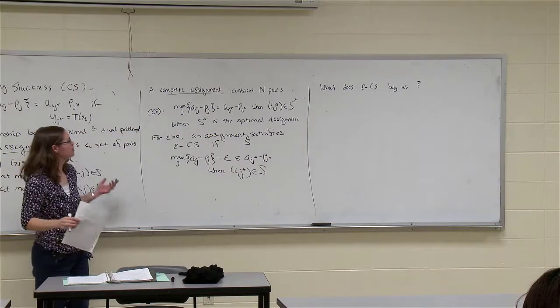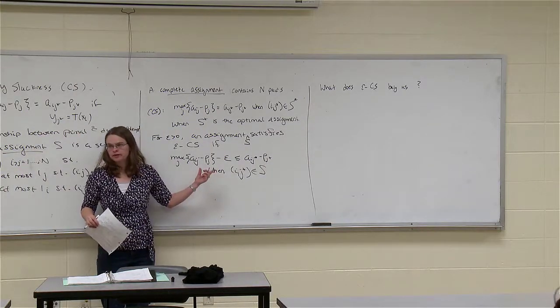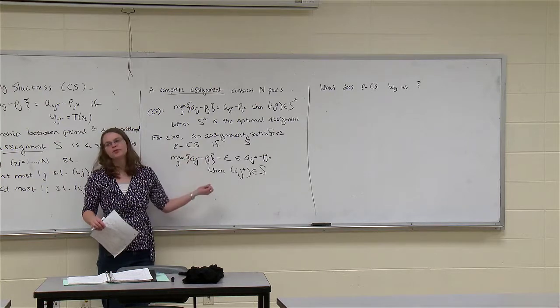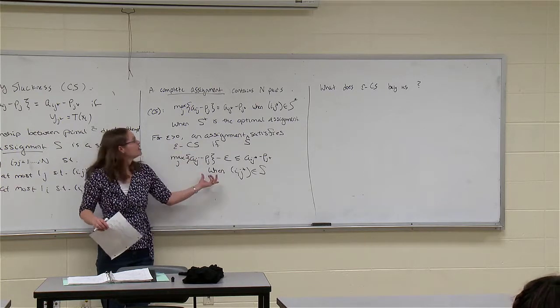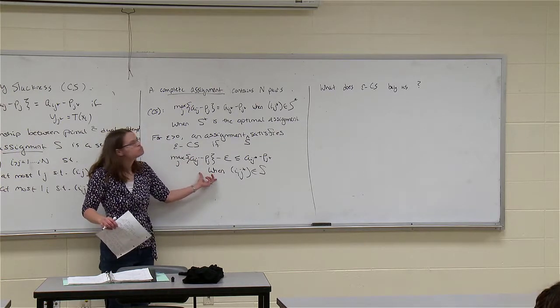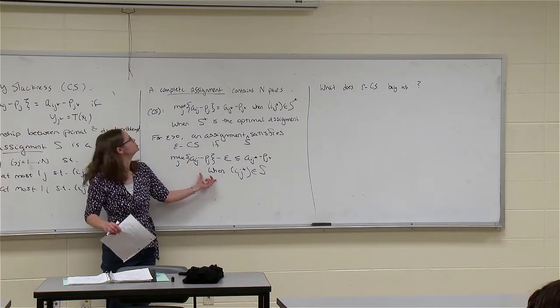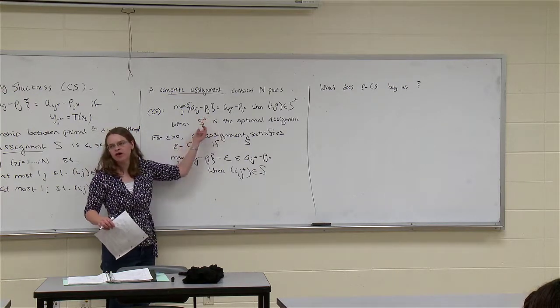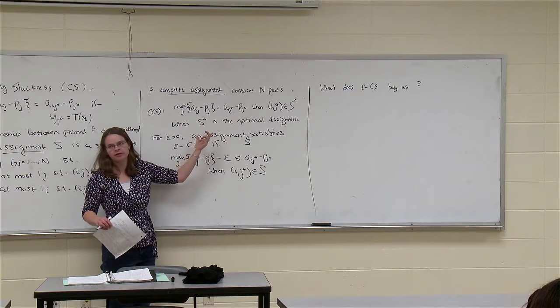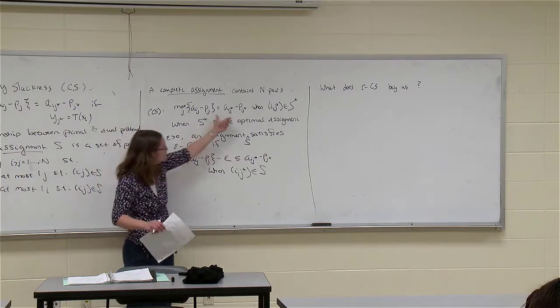And remember, the p's are unknowns ahead of time, right? So we find an assignment and we find a pricing system that gives us this. Is there a guarantee that that's anywhere close to the pricing and the assignment coming from our optimal transport plan? Because p is another unknown.